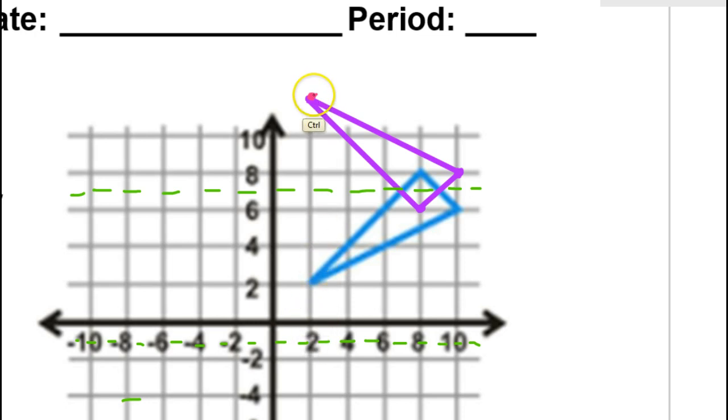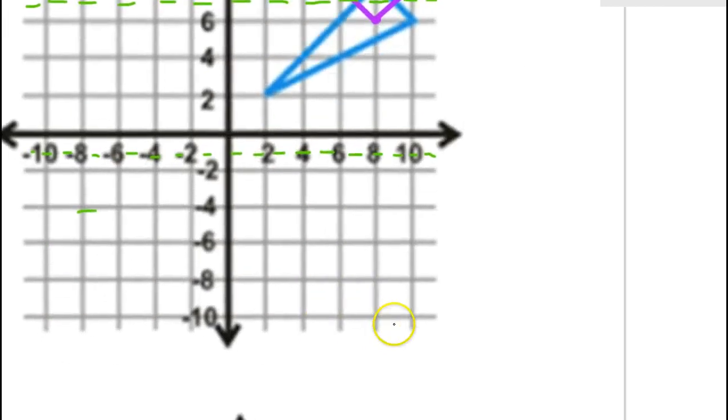Okay, this point is at 9. Let me just count the squares. This point is 1, 2, 3, 4, 5, 6 and a half squares above the line. Okay, it's 6.5 squares above the line. So I need to go 6.5 squares below the line.